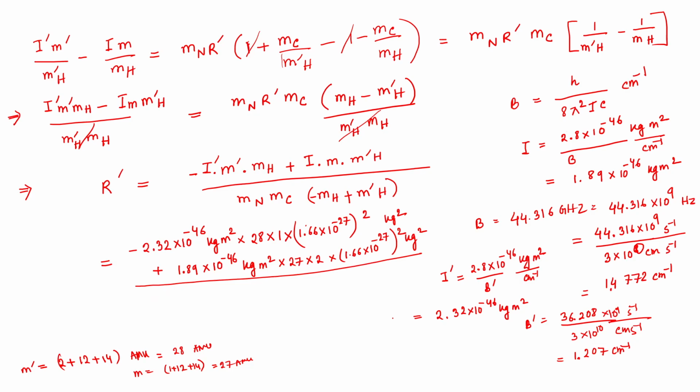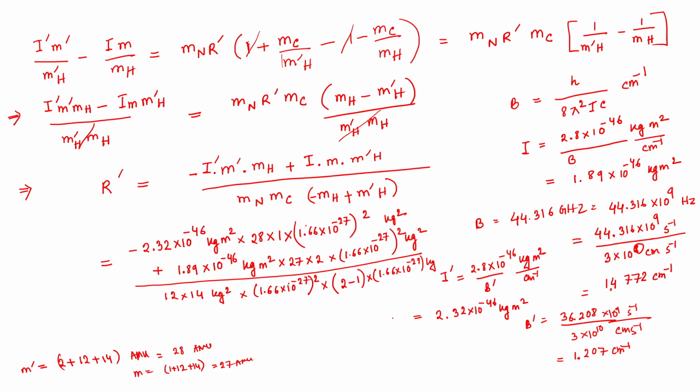Below I am going to get mN into mC, which is 12 into 14, that is in kg square. Also in this term I am going to get 1.66 into 10 to the power minus 27 square, right? Because coming from both this, and then I am going to get 2 minus 1 into 1.66 into 10 to the power minus 27 kg.